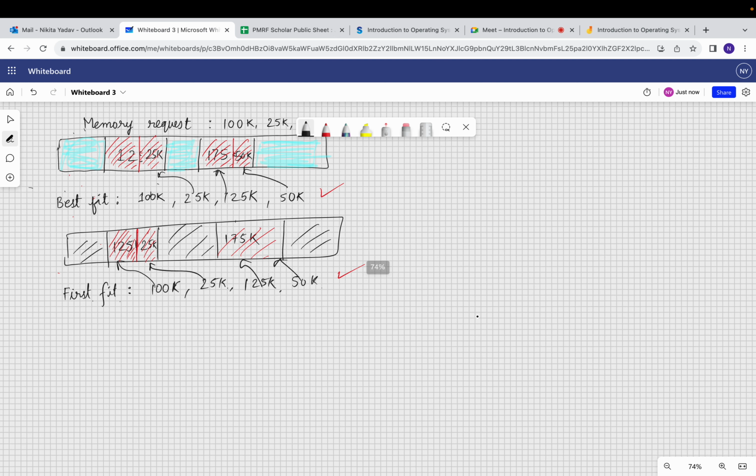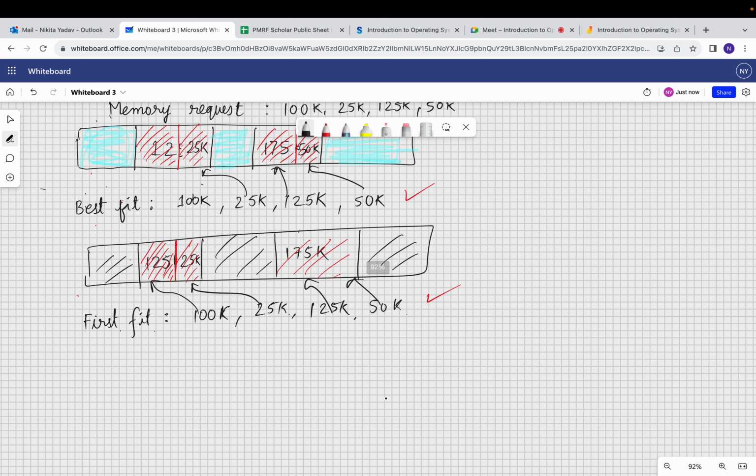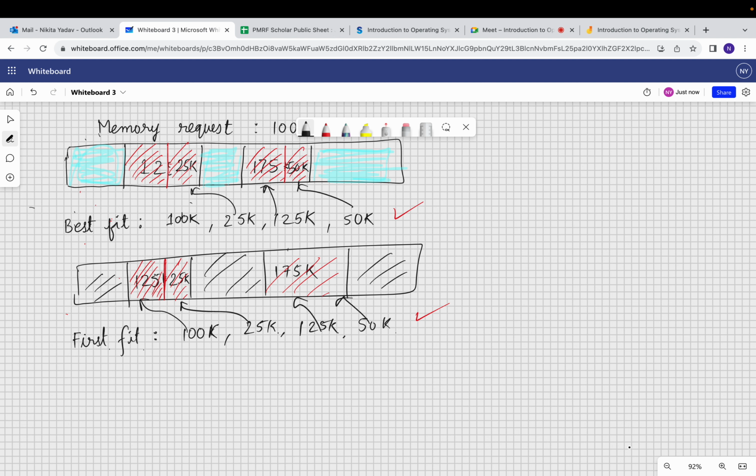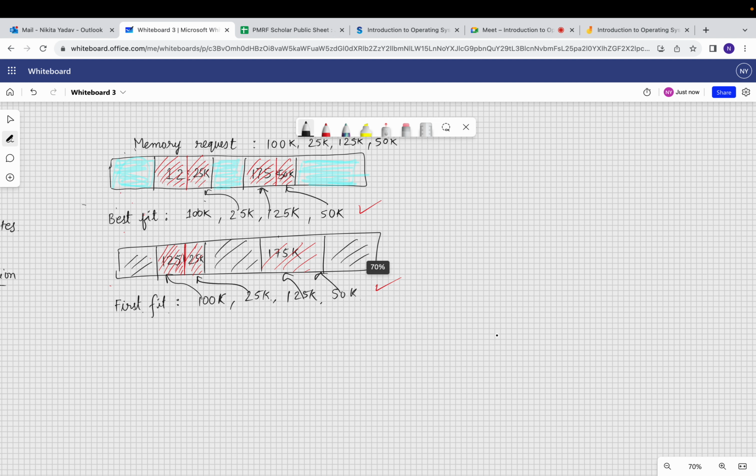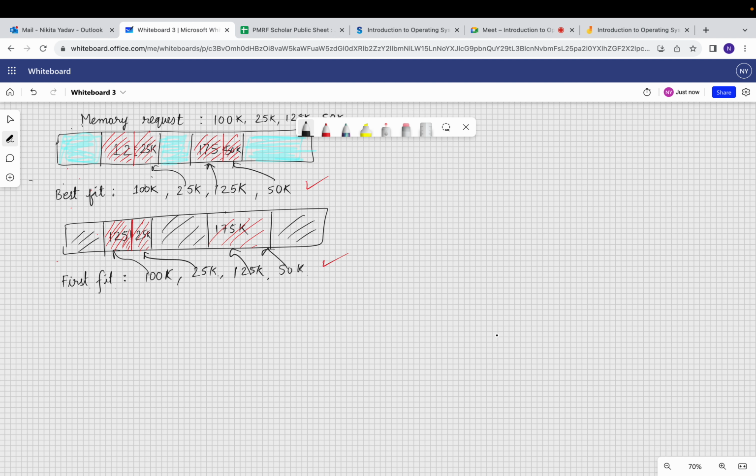Now let's look at the worst fit. This is 125 kilo, 175 kilo. What is the worst fit strategy?